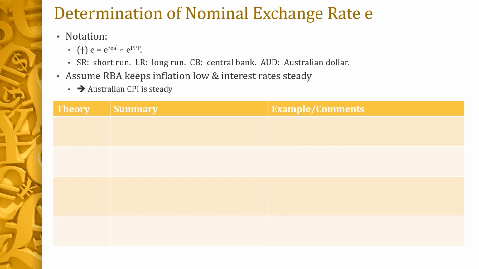Since the RBA is keeping inflation low, the prices of goods and services in Australia cannot change very much in Australian dollars. And as the RBA is holding the line on domestic interest rates, the prices of Australian bonds in Australian dollars also cannot change much, as these prices are determined mainly by interest rates.